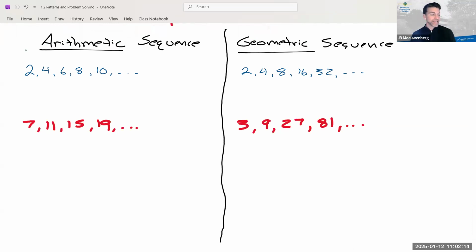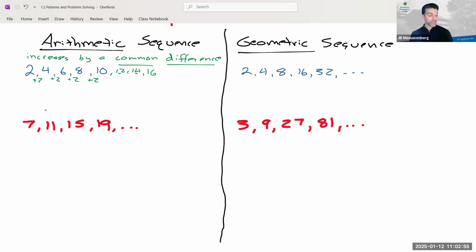It basically means each successive number increases by a constant value, and we call that the common difference. Each number here is plus 2, plus 2, plus 2, plus 2. So what would the next couple numbers be? 12, 14, 16. It's really just the even numbers.